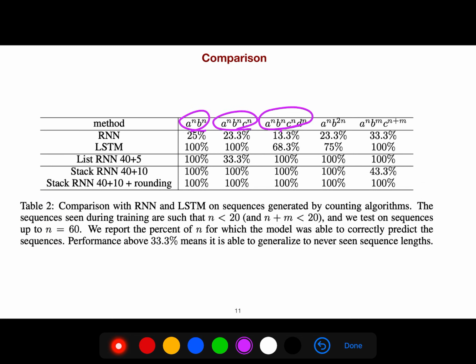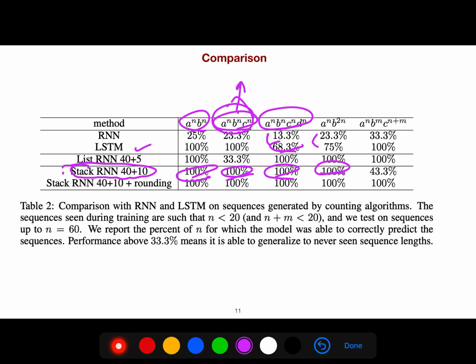You see, LSTM is a little bit better than RNN. But this is the least RNN that gets 100%. But we still have the problem in this pattern. So stack RNN is what you need because it works well, with good accuracy for everything.